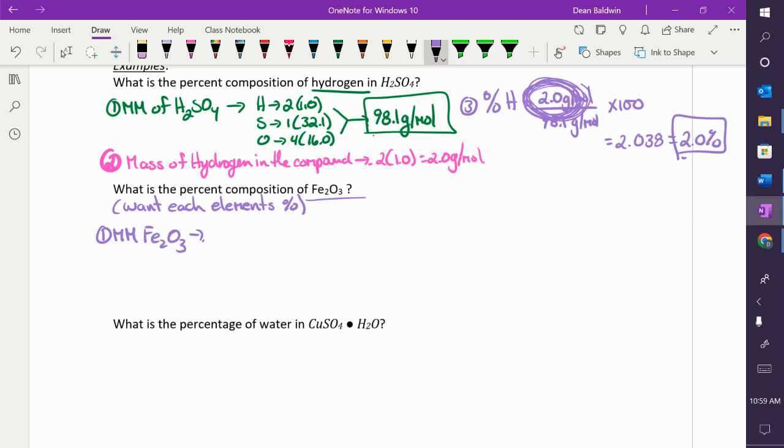What does iron weigh? 55.8, and we have 2 of them, plus 3 oxygens, which is 16.0. Add those together, or actually, I'll just do 111.6 plus 48. There's your molar mass of iron oxide.